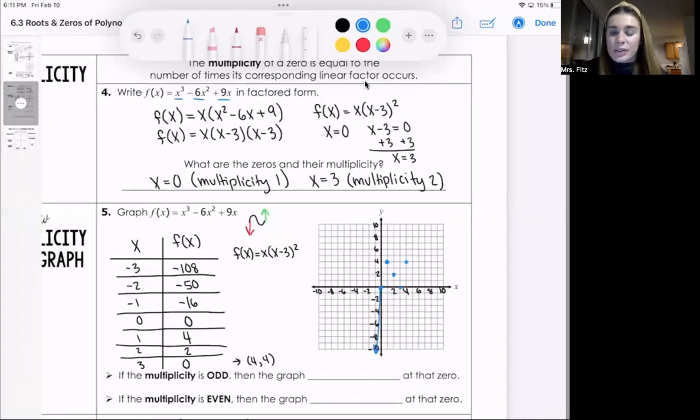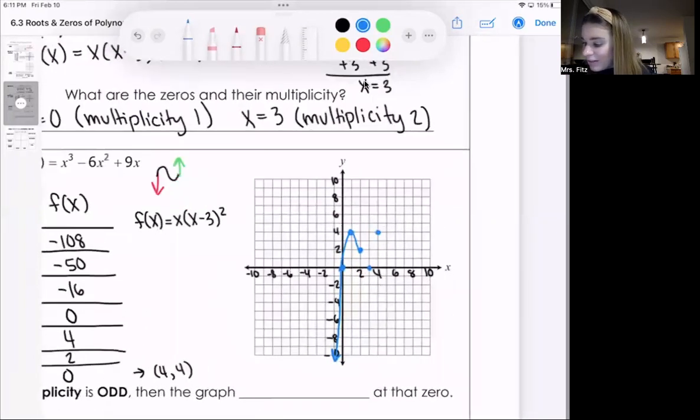See how at 0, 0, it actually is going to pass through the x-axis? And then notice over here at x equals 3 on the x-axis, it has to rebound back up. And in fact, that's exactly what happens. It's going to rebound off the x-axis back up, okay?